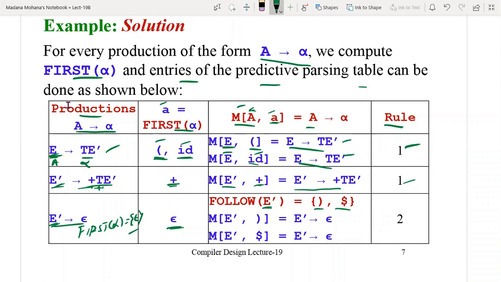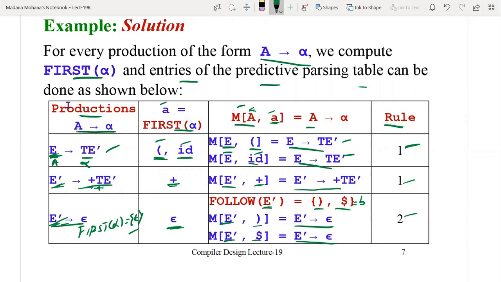Now these two entries are nothing but the values of B, the follow values, terminals. So now E dash on right parenthesis and E dash on dollar. In both places, you can add the production E dash derives null. So this is according to rule 2.